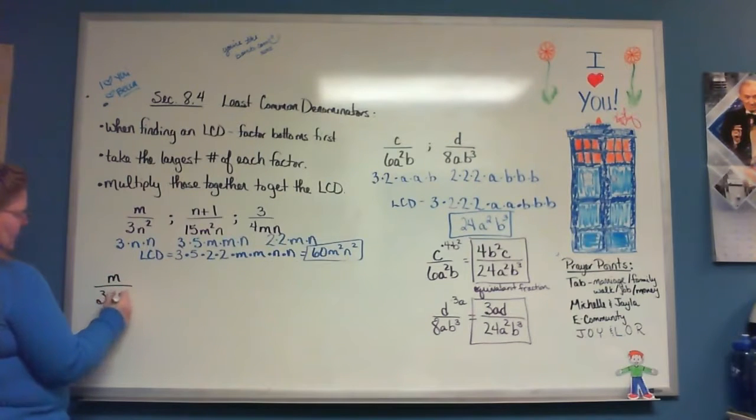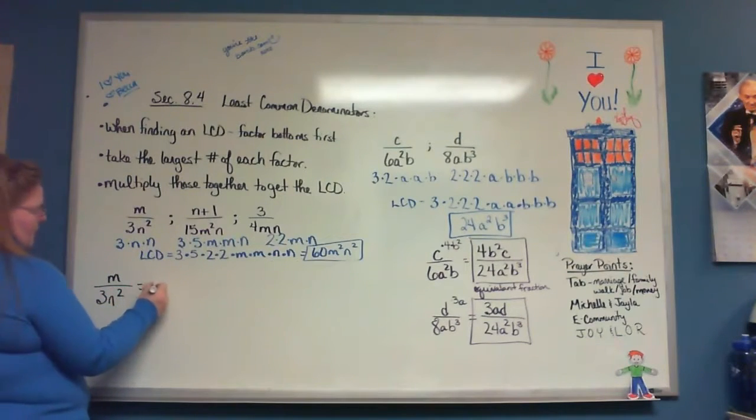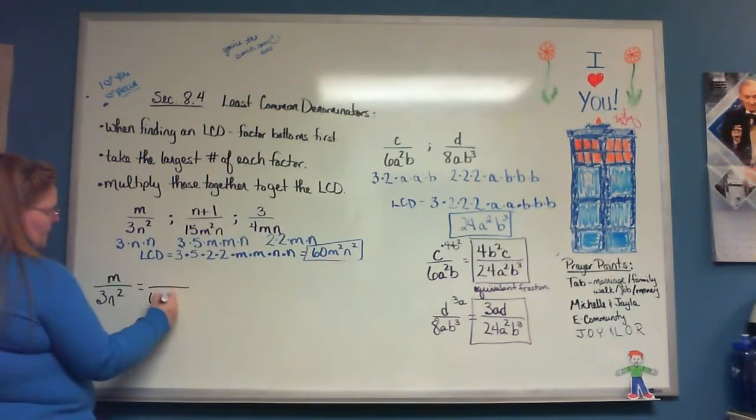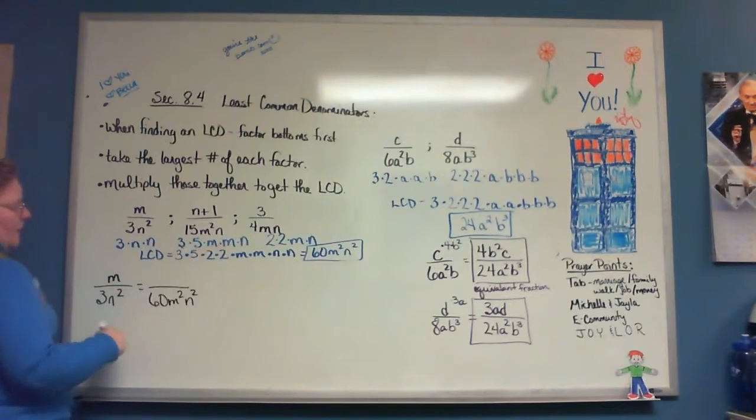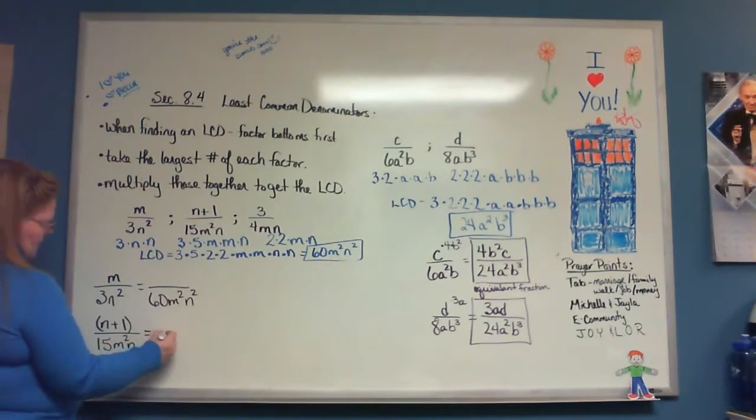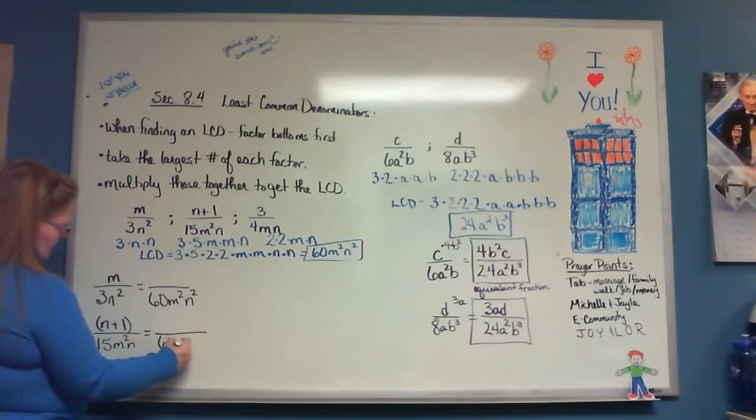M over 3n squared. And we need the bottom to be 60 m squared n squared, because that's what our LCD was. N plus 1, put parentheses around it, over 15 m squared n has to have a 60 m squared n squared.